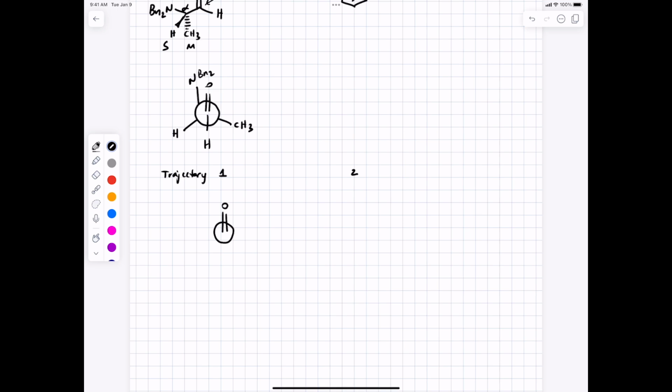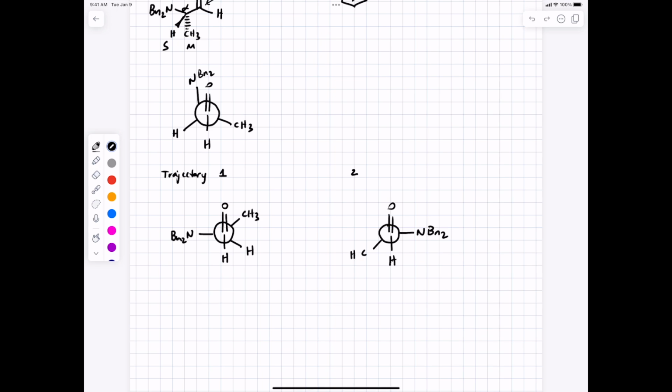The first one will have the nitrogen here. That's not butyl, that's benzyl. If we do that, the methyl group will be here and hydrogen will be here. Trajectory 2 would have the nitrogen on the opposite side with methyl here.